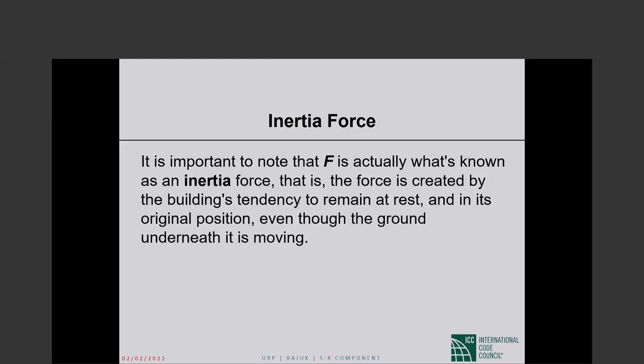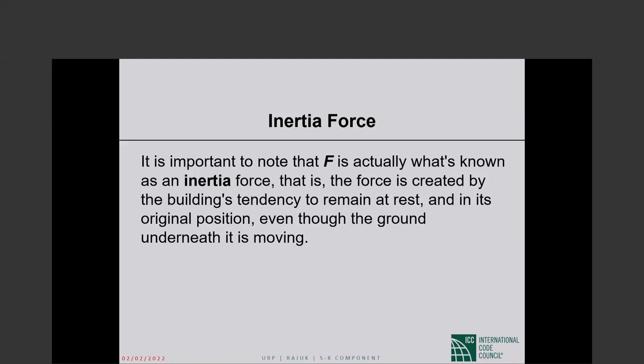It is important to note that F is actually what is known as an inertia force. That is, the force is created by the building's tendency to remain at rest and in its original position, even though the ground underneath it is moving.